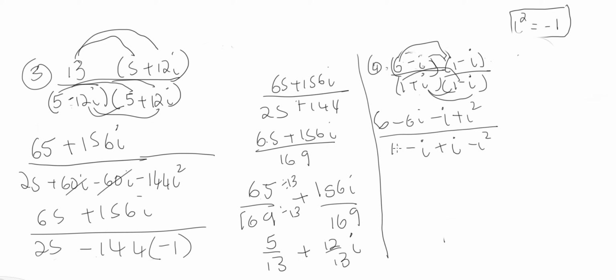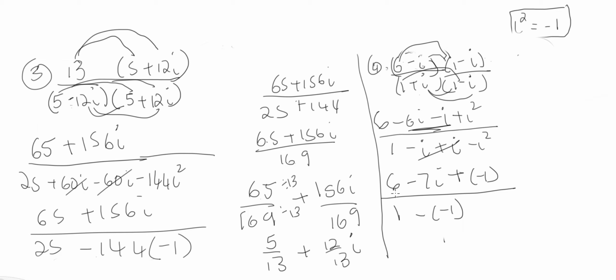All right, combine like terms, replace the i squareds with negative 1. So here I have 6. Negative 6i minus i is negative 7i plus i squared, which is negative 1. The middles should cancel, minus negative 1.